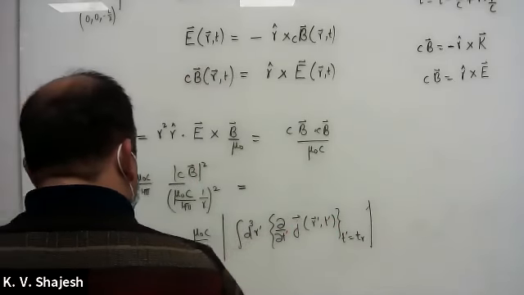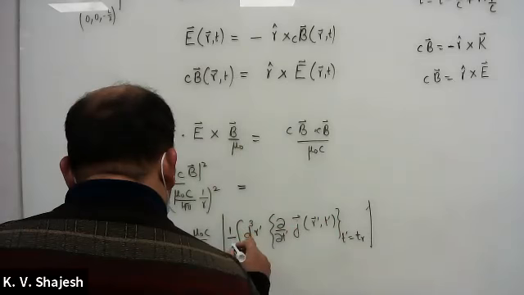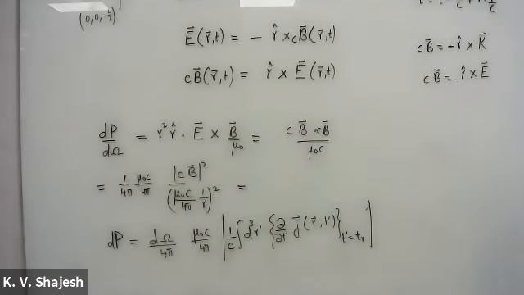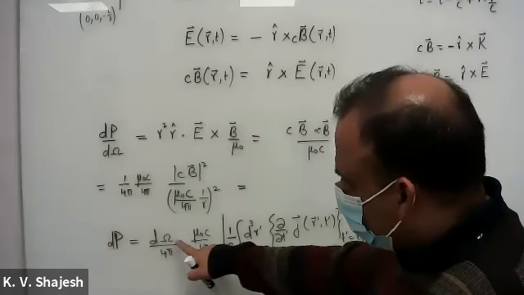And we have to divide out by the speed of light c. That's the expression for the power radiated in the solid angle.